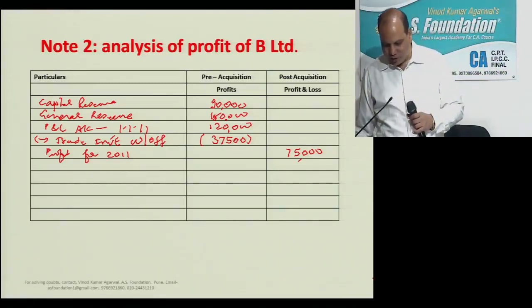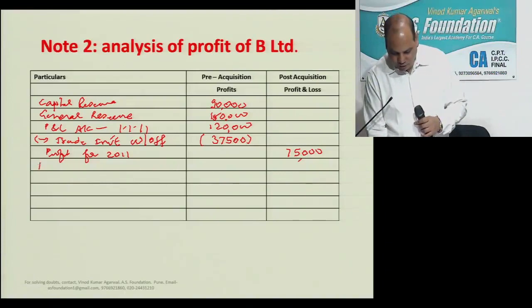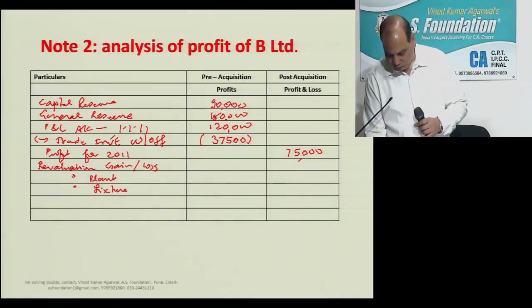So you have kept 14 lines blank, right? So write here revaluation gain or loss. Under that 2 points: plant, fixture. In plant there is a gain of 60,000.